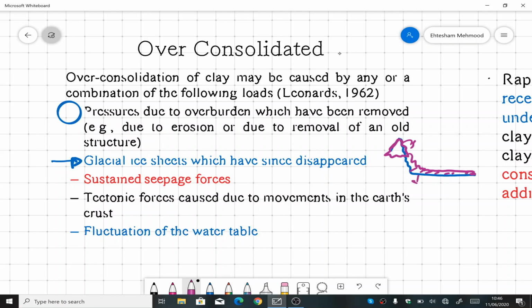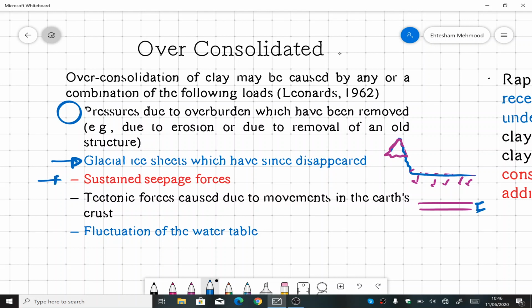Under this excess load, the clay layer here consolidated, and with heating over the years this excess ice was removed, but the clay layer has already been compressed by the glacial load.